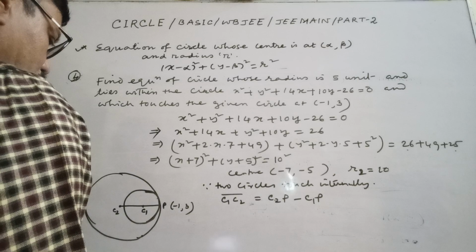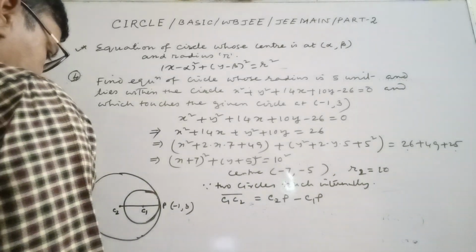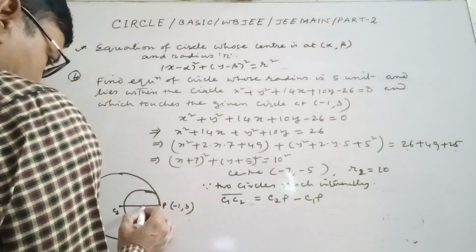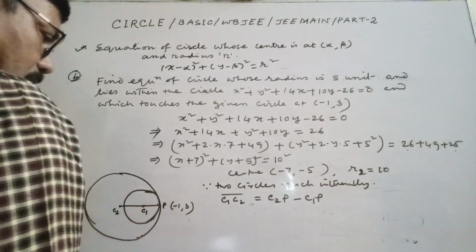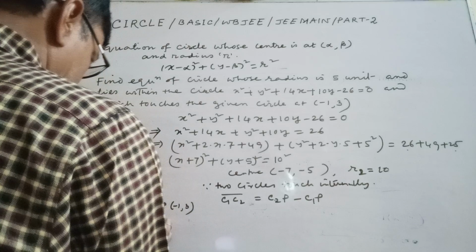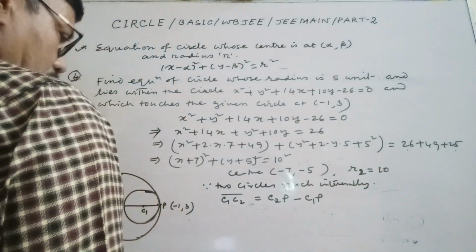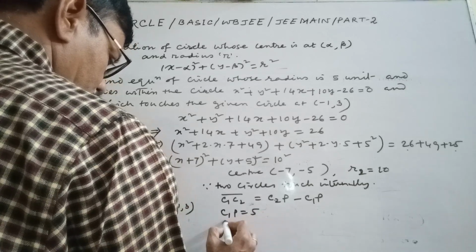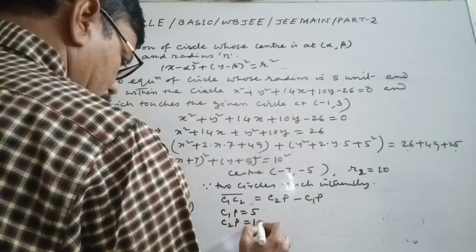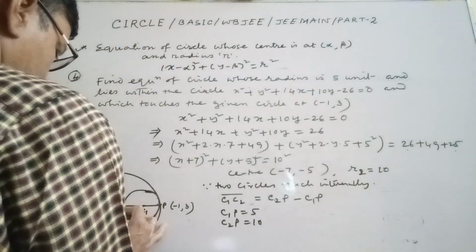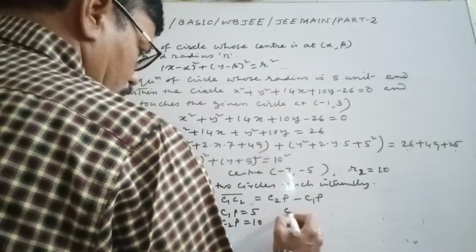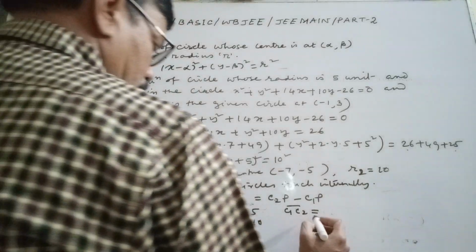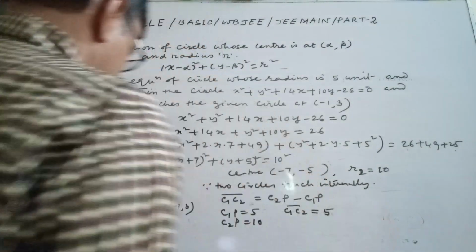So what is C1C2? C1P is the radius, and C1P is 5. C2P equals 10. So C1C2 equals 10 minus 5, that is 5.